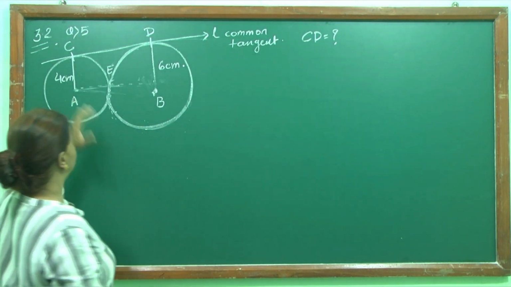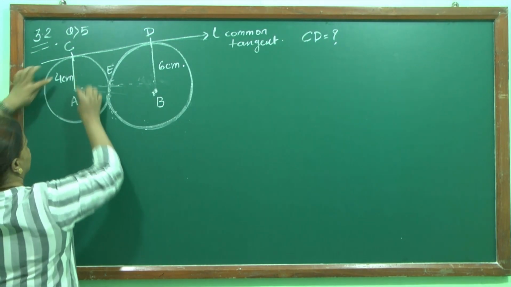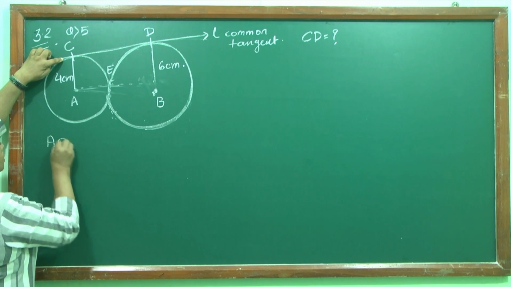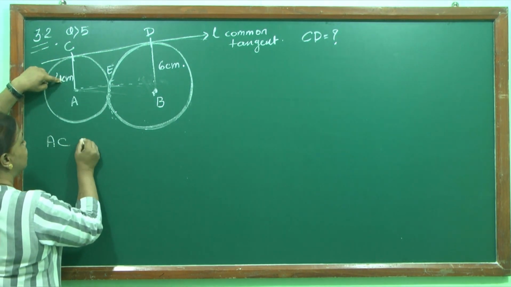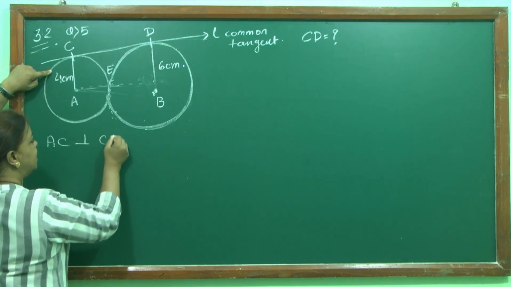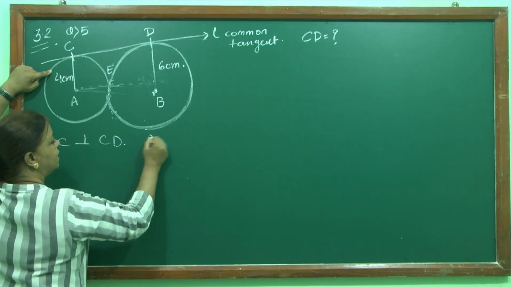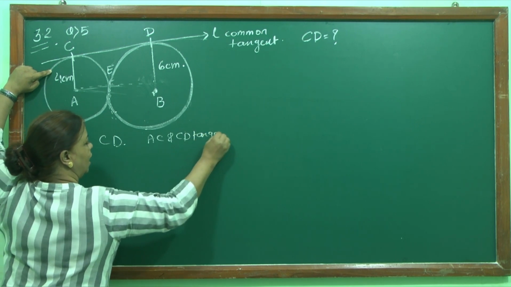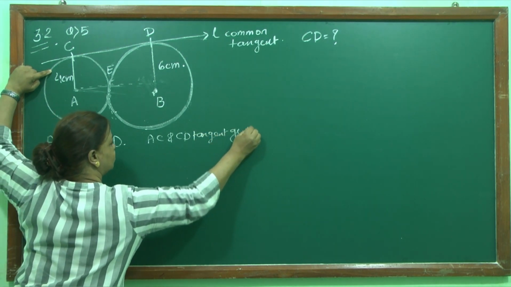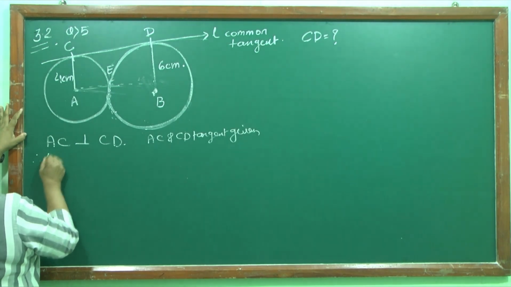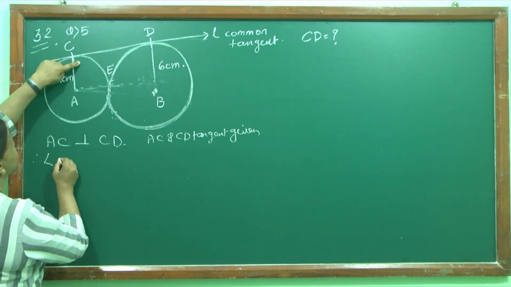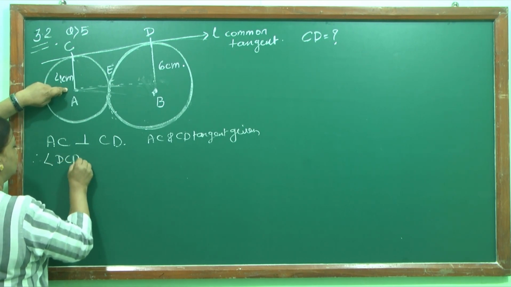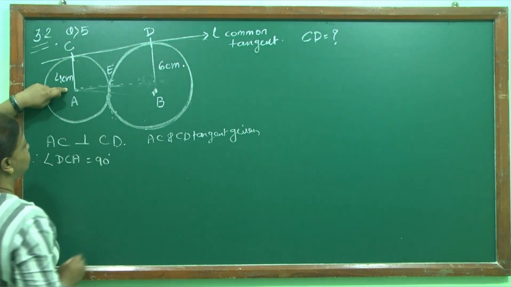Now look at this figure, children. Let me start from here. AC is radius. AC is perpendicular to CD because AC is radius and CD is tangent. And this is given. Therefore, angle DCA is equal to 90 degree.